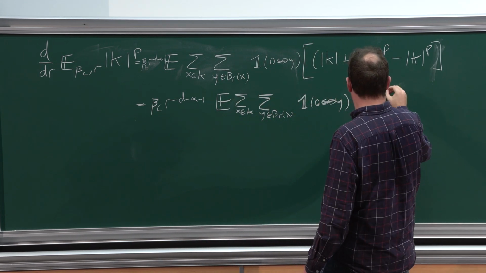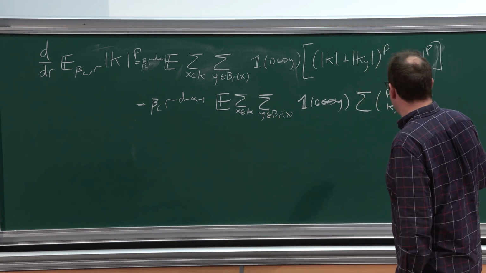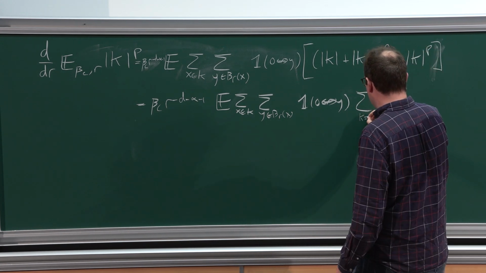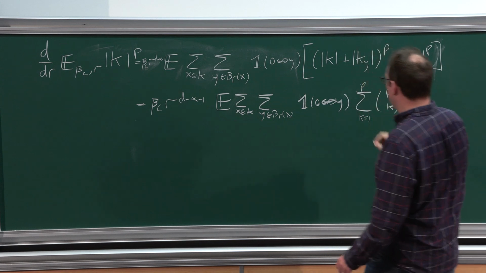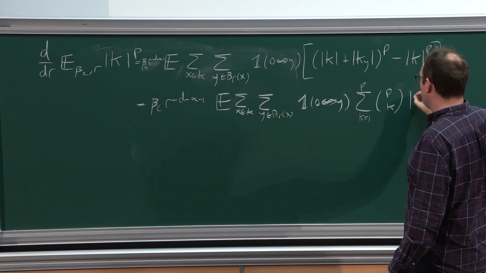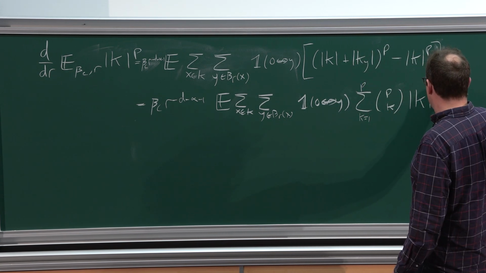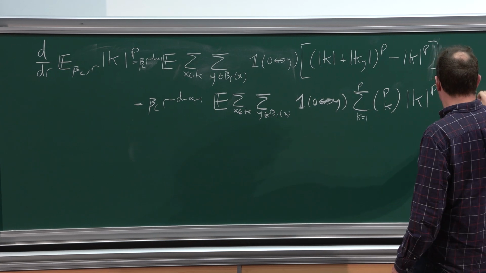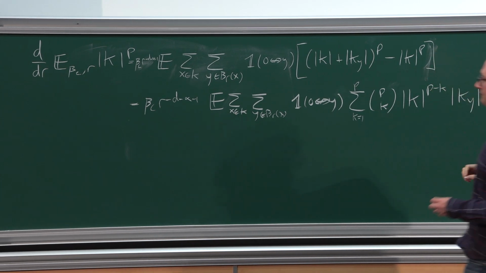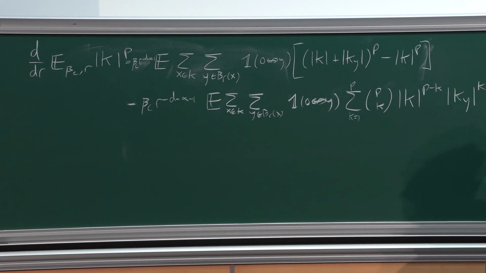Right, so then we have a sum, p choose k, the sum is from k equals 1 to p of the cluster of x to the p minus k, times the cluster of y to the k. Okay.